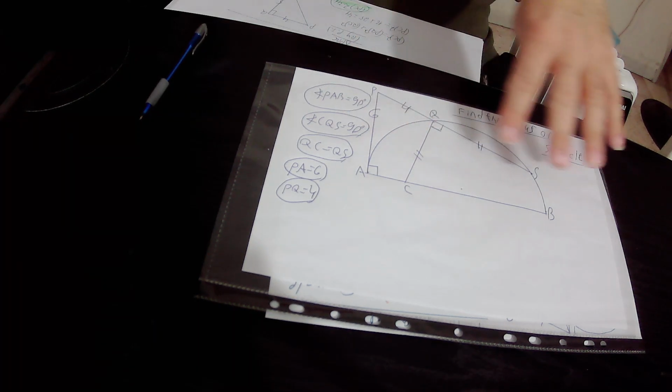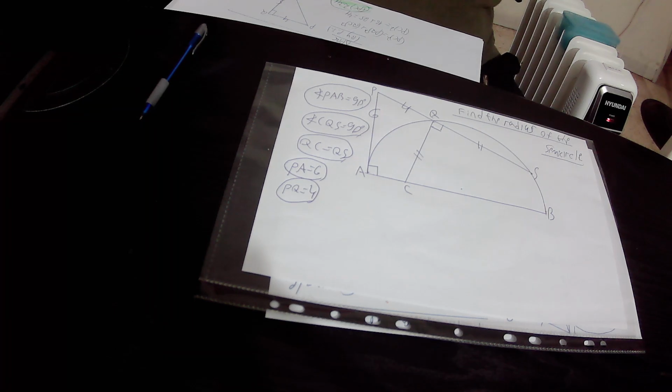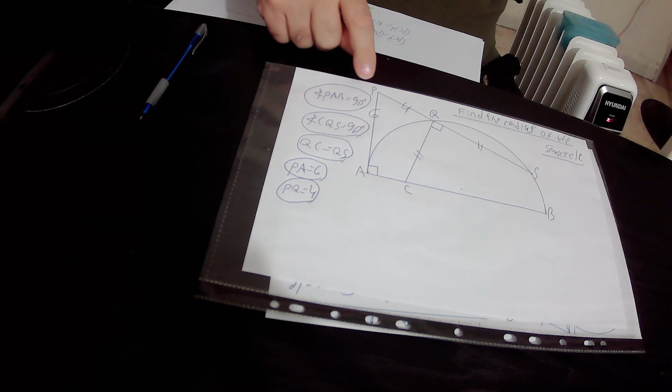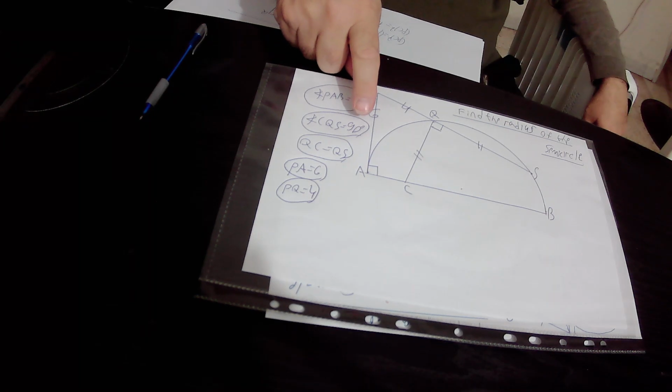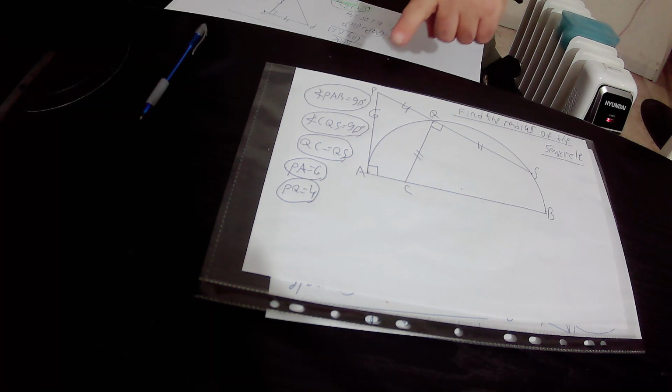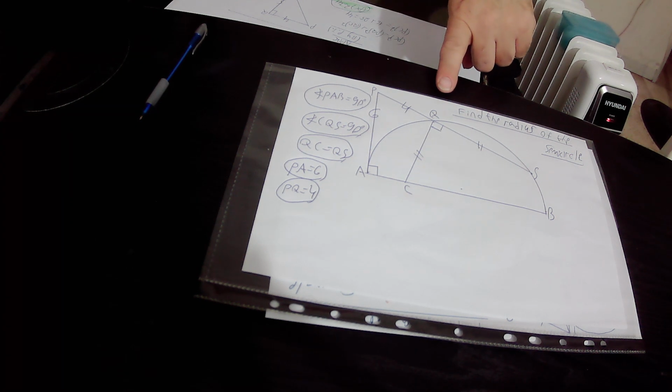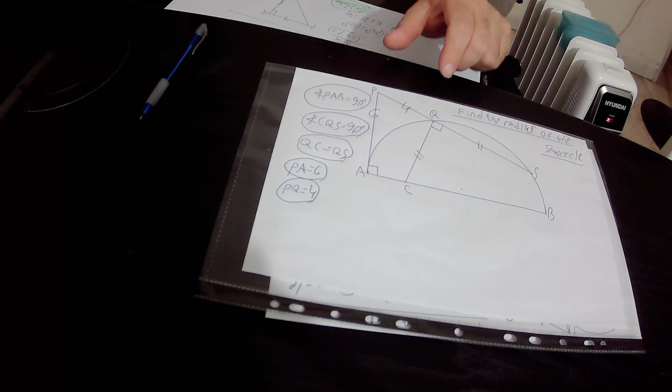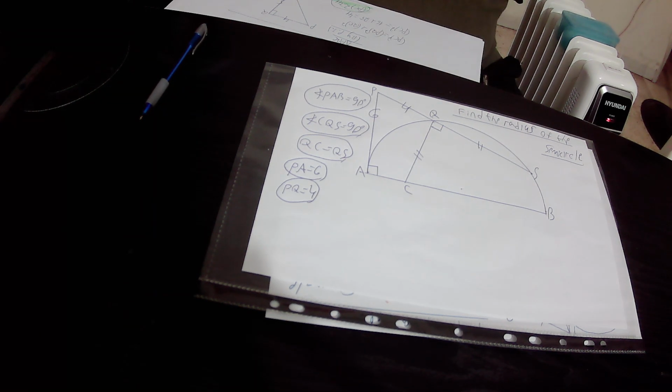Again, this is a semicircle, and we also know that line segment PA equals 6 units in its length, and PA is tangent to the semicircle at point A. And we also know that line segment PS cuts the semicircle at points Q and S, and line segment PQ equals 4 units in its length.